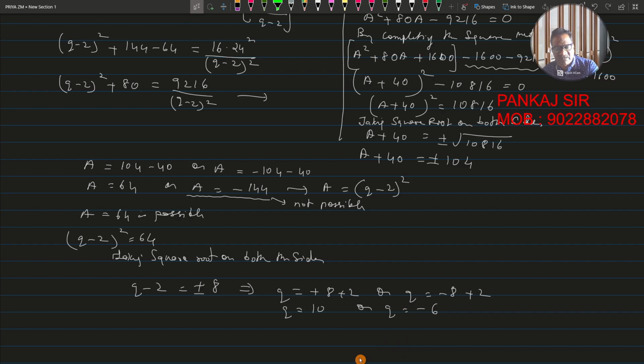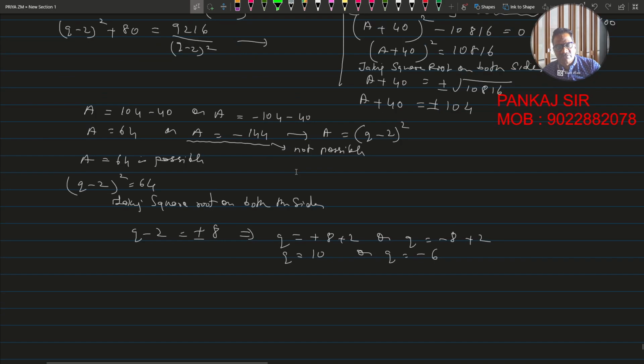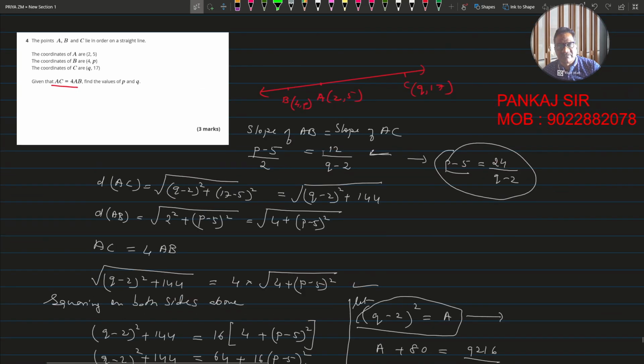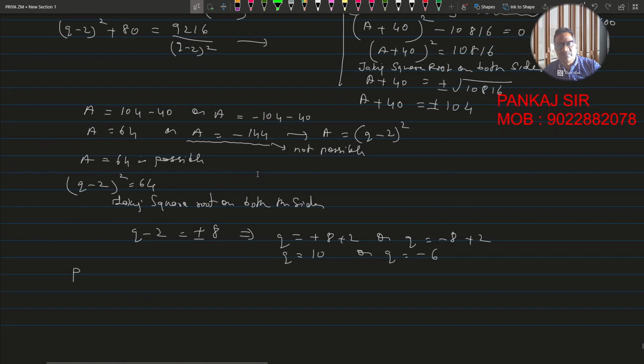Okay. Now using these q values, I can find out p values as well, because I have this equation. Let me show you that equation. It was this one: p minus 5 upon 2 is equal to 12 upon q minus 2, isn't it?